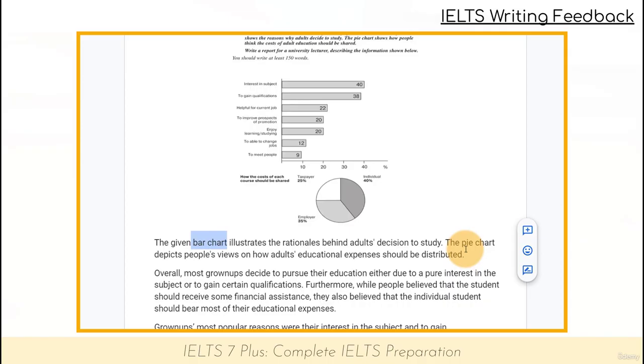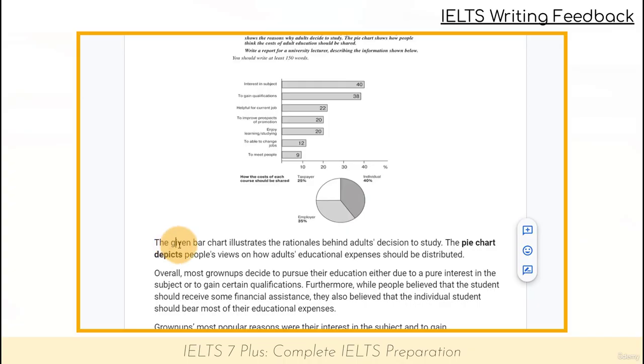But actually, there's no real need for it. So the pie chart depicts people's views. That's it. That's more Task 1. Less beautiful language, less opinion openers and linking language, more factual, done. That's exactly what we're sort of going for.